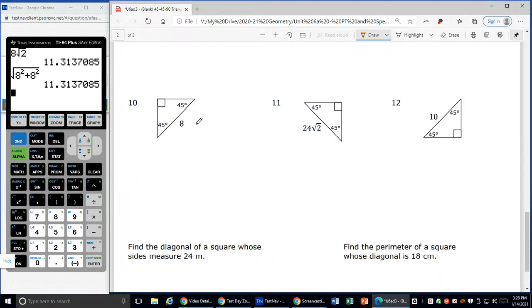Number 10, I know my hypotenuse does not have the square root of 2 on it, so that means both of these are going to have the square root of 2 on them, which means to get backwards, I'm going to divide by 2 and get 4 square root of 2, 4 square root of 2.